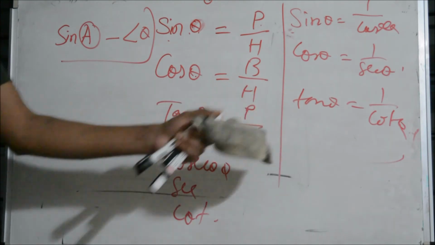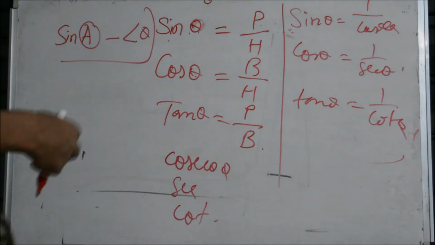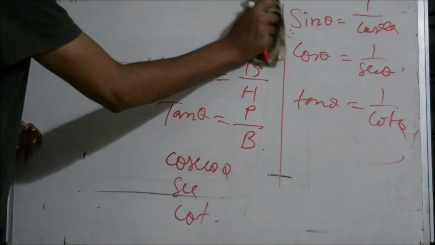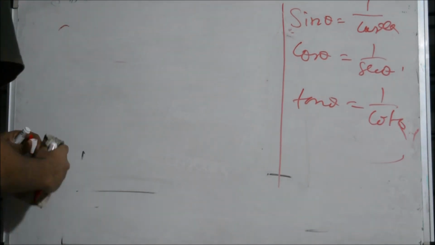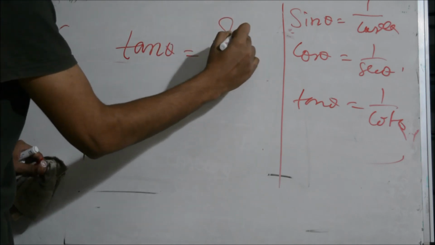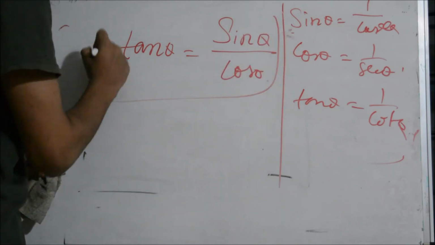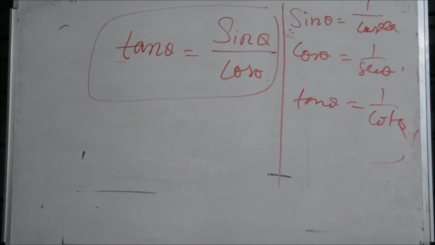These are the important relations we have to remember so that we can solve our problems. Next class we will start with one more relation that is left: tan theta can be expressed in terms of sin theta by cos theta. We will see how to do it in the next class.